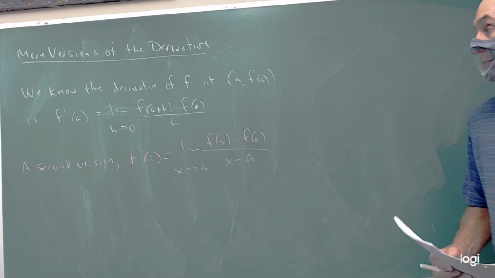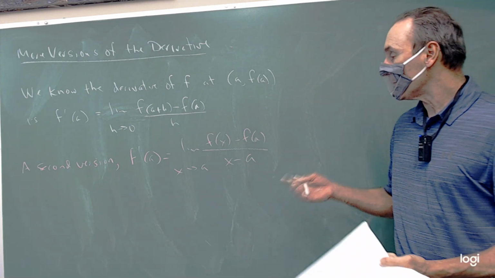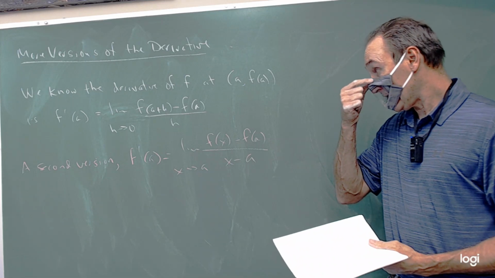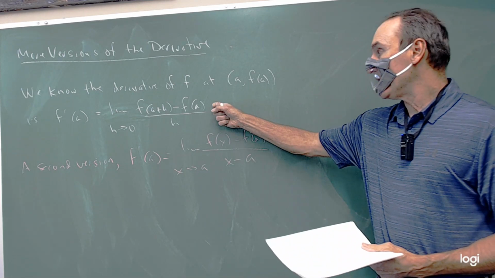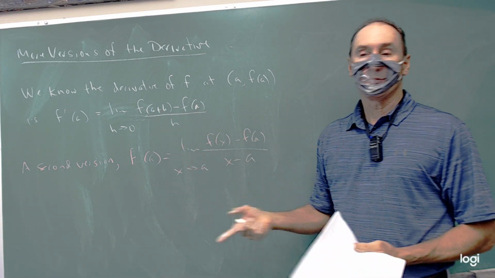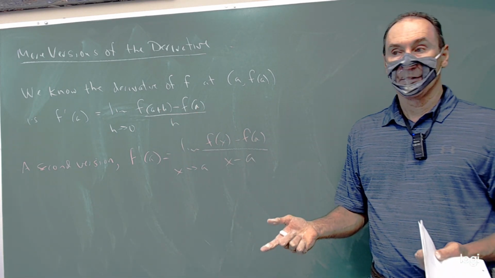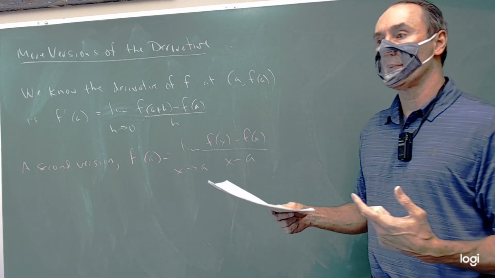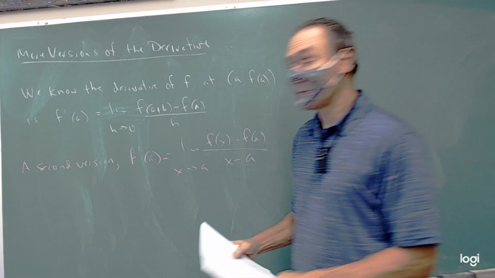Now, some books, usually older, more traditional college textbooks, will write this first version using delta x's instead of h's. I put it here so that you don't get confused if you should see this.